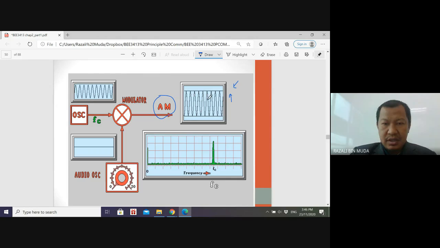Okay, this is the time domain. But if you tap the signal into equipment called a function generator, the signal will be displayed in terms of the frequency domain like this. So you have this signal in time domain, and this is the frequency domain.